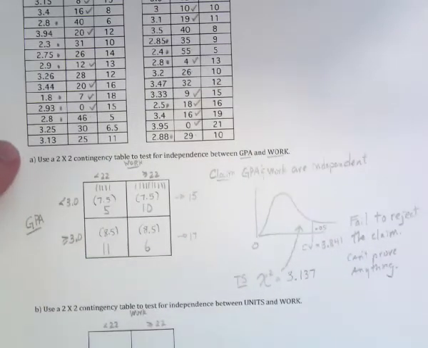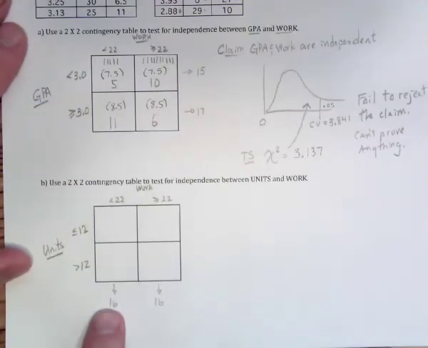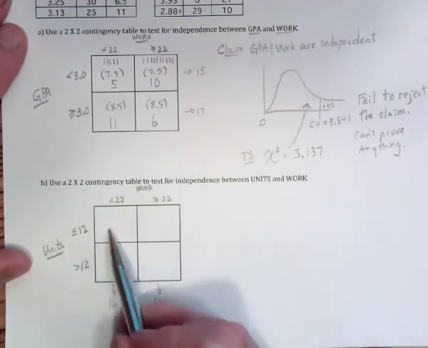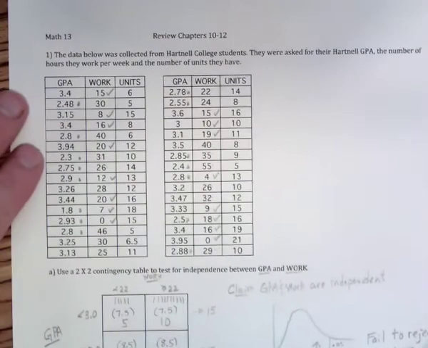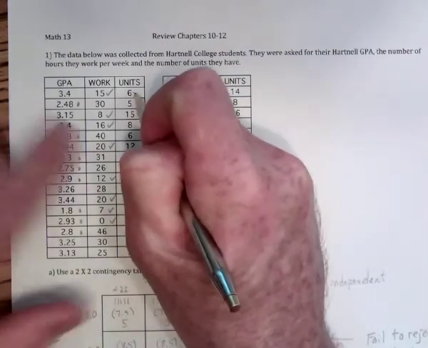And then for these people that I've put a check mark by for working less than 22 hours, then find out how many have less than or equal to 12 units. So for the check mark people, how many have less than or equal to 12 units?